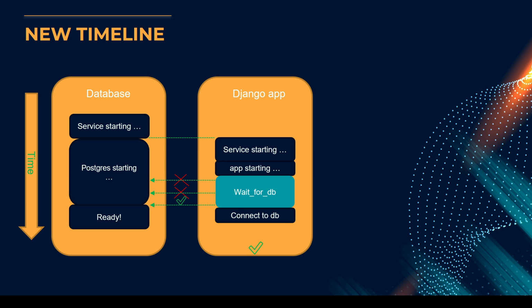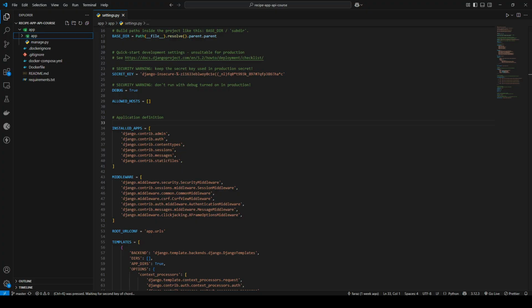So this is what we are going to be implementing. Before we can create our management command, we need to create a new Django app in our project that we can add the command to.